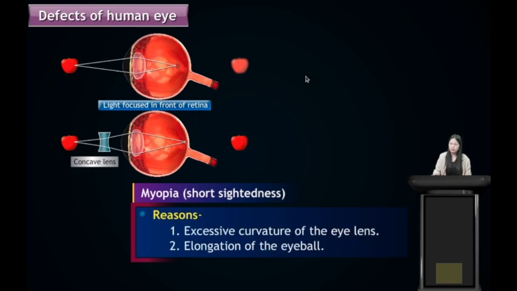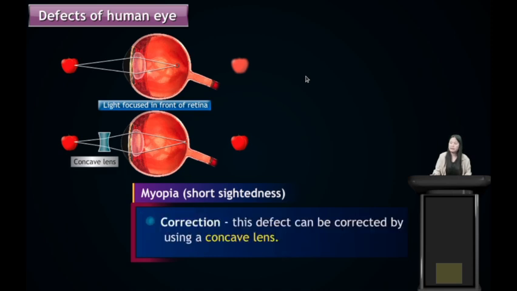The reason for myopia is excessive curvature of the eye lens and elongation of the eyeball. Correction: this defect, myopia, can be corrected by using a concave lens. The power of the glasses used is represented by a minus sign.